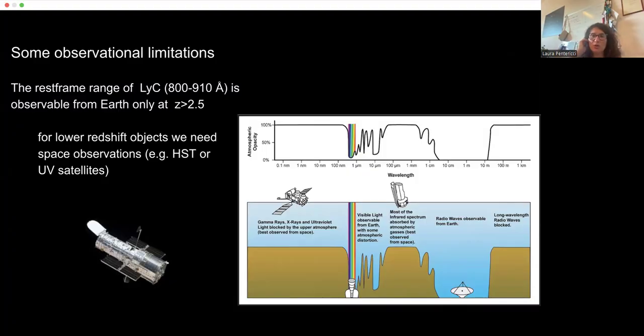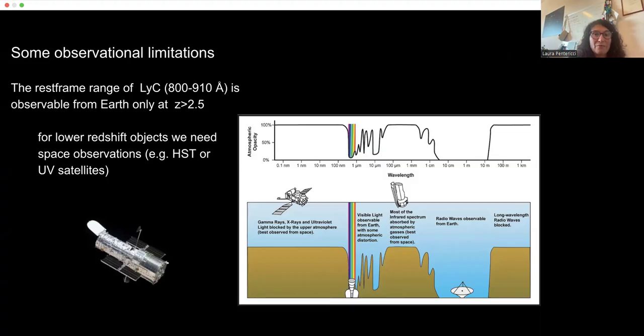Then to measure the Lyman continuum emission from redshift, say 0 or 1 sources, we need to go to space. And currently, the only instrument that is able to actually perform these observations is HST, because it has a UV channel. JWST is very powerful, but it's basically an optical near-infrared observatory.